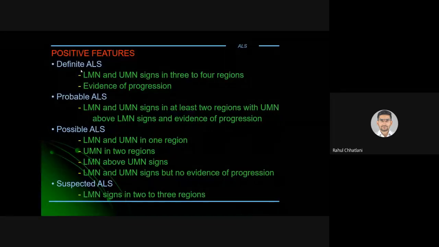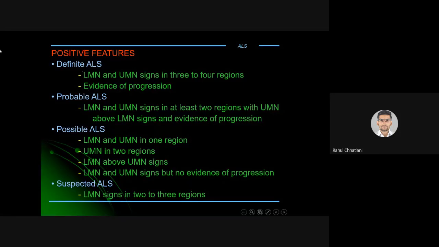Yes, so the condition becomes worse, as we already talked. The patient will come to you and later on deterioration will happen, so the condition will progress. If there is evidence of progression, then also it is definitely ALS. Probable: LMN and UMN signs in at least 2 regions, out of the brainstem, cervical, thoracic and lumbosacral, with UMN above LMN signs and evidence of progression.